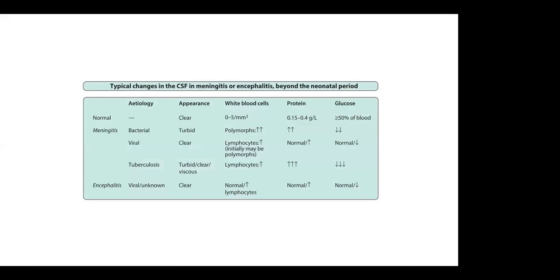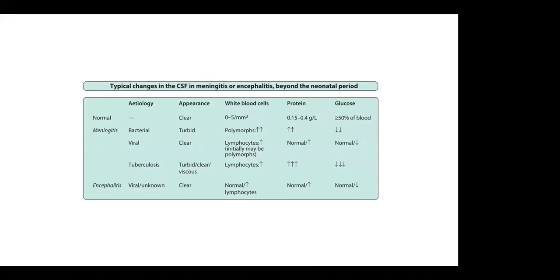Okay, this table is for CSF analysis after the lumbar puncture. So if the leukocytes increase and the glucose decreases, it is suggestive of a bacterial cause of meningitis. In viral meningitis, the lymphocytes may be high and protein and glucose are usually normal, but glucose can sometimes be low.